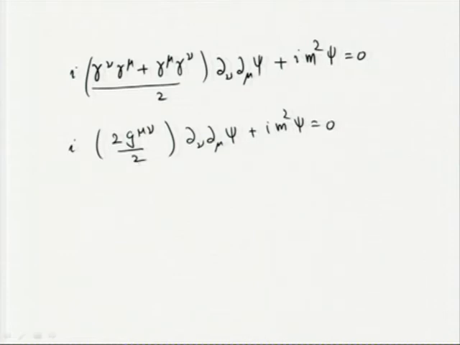The 2 from the first term cancels with the 2 in the denominator. g^{μν} will raise the index of ∂_ν to μ. So, I have ∂^μ ∂_μ ψ plus m² ψ equal to 0. It is still a matrix equation.